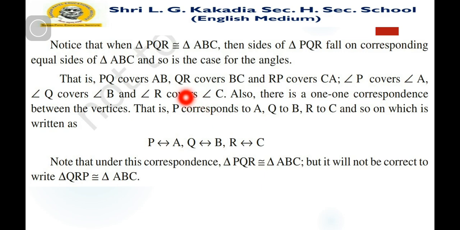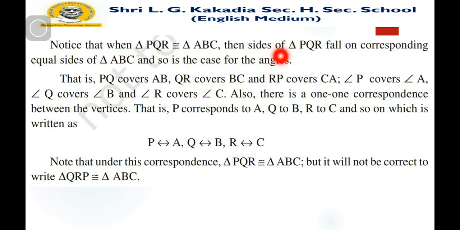For that, notice that when triangle PQR is congruent to triangle ABC, then the sides of triangle PQR fall on the corresponding equal sides of triangle ABC, and so is the case for the angles.